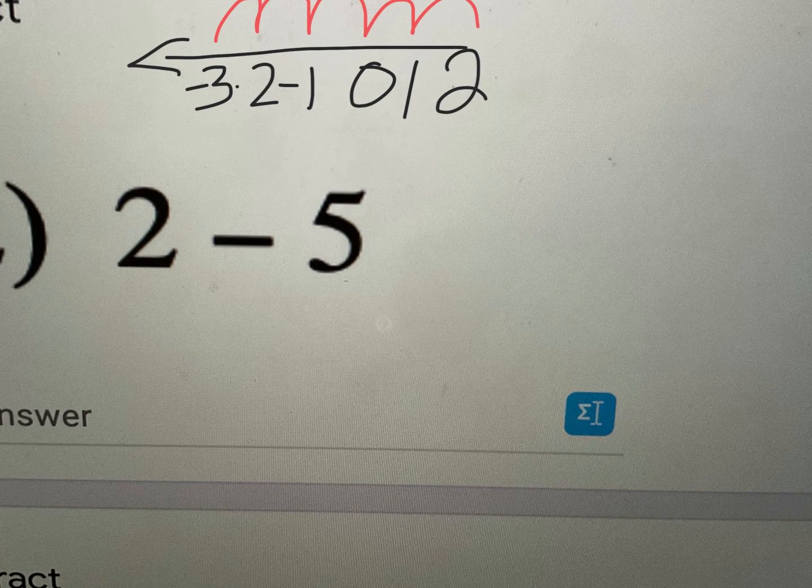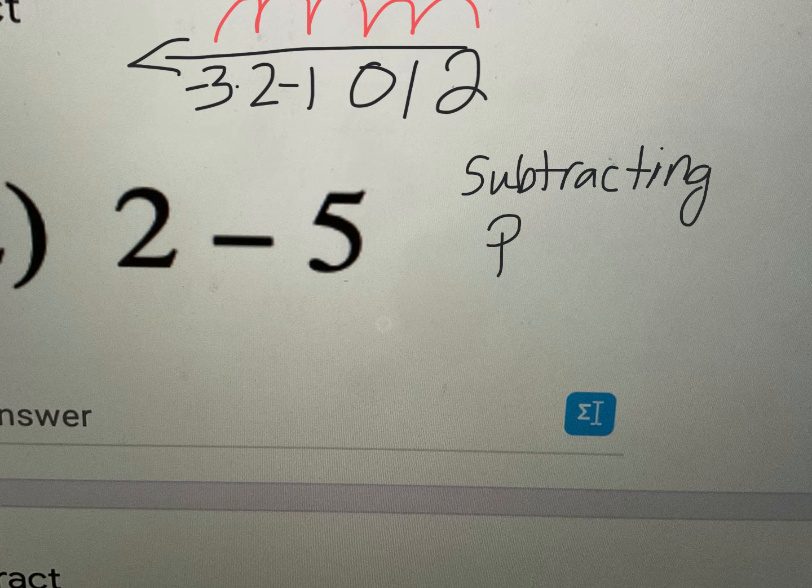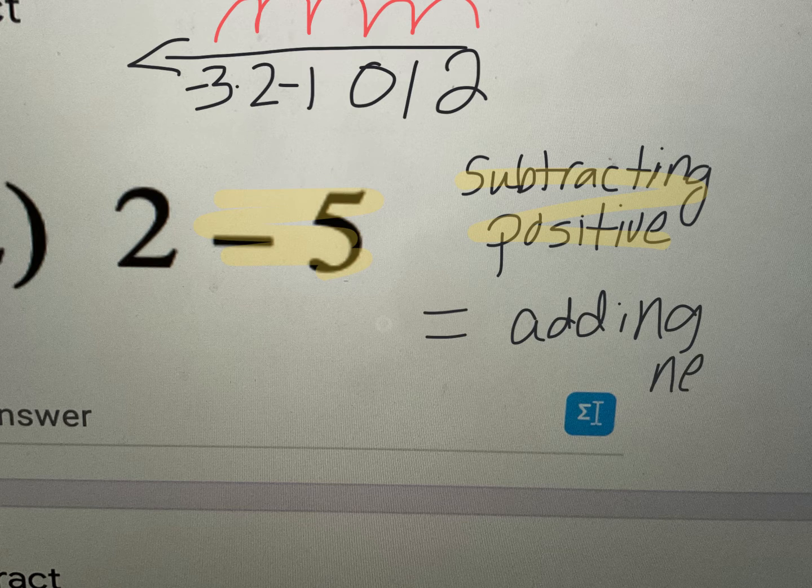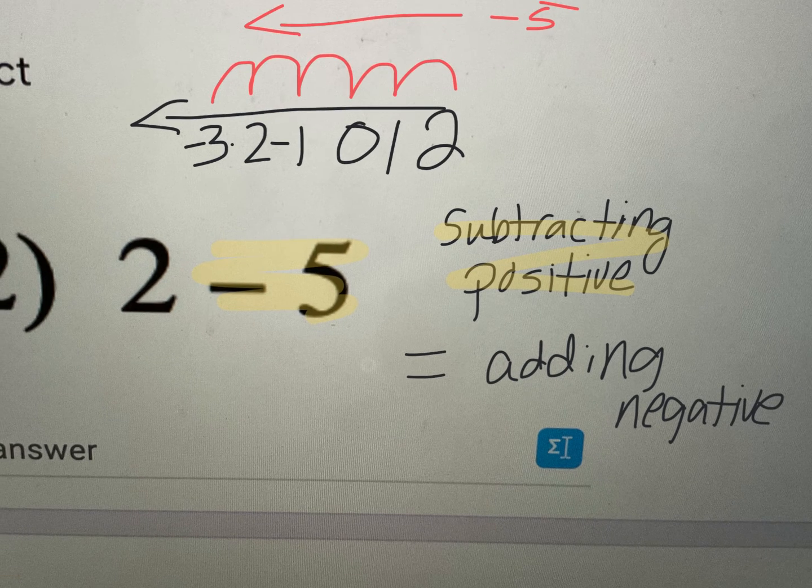So what I'm really doing is subtracting a positive, which is what I'm doing here, right? I'm taking away a positive number. It's the same thing as adding a negative because it's going to the left.